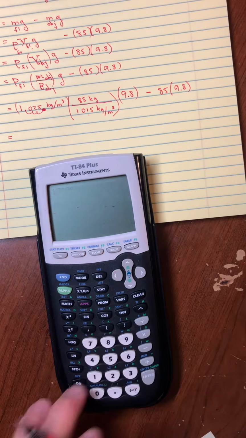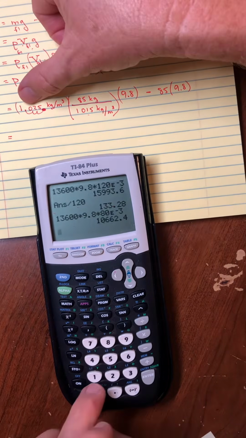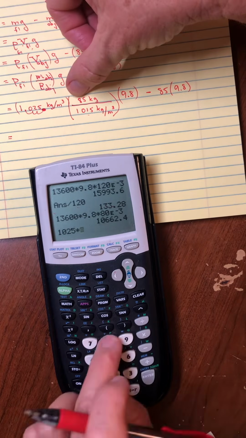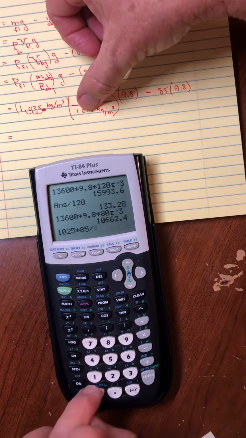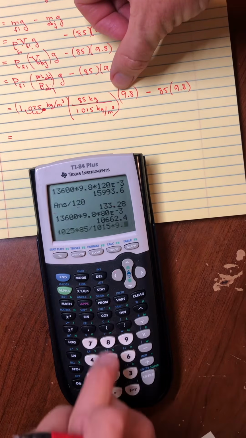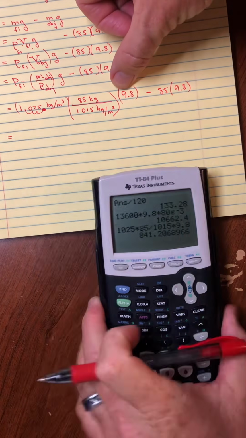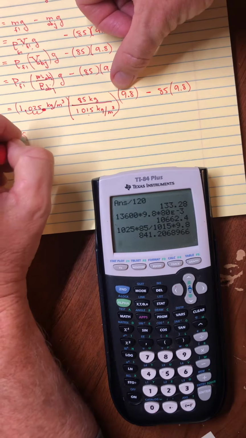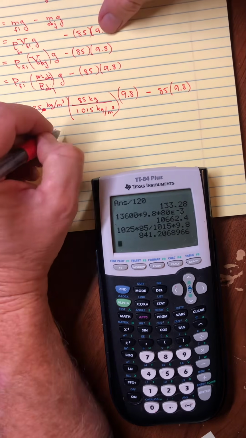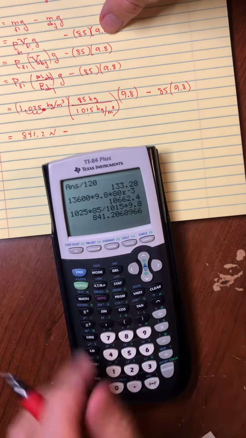Now I could do that in one shot, but I'm just kind of curious. So 1,025 here times 85 divided by 1,015 times 9.8. And so this would be 841.2 newtons from the buoyant force pushing up.